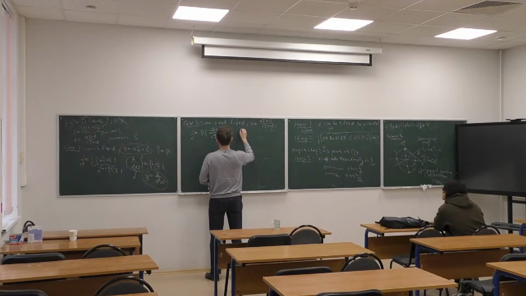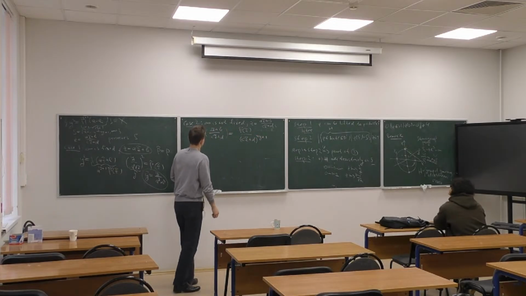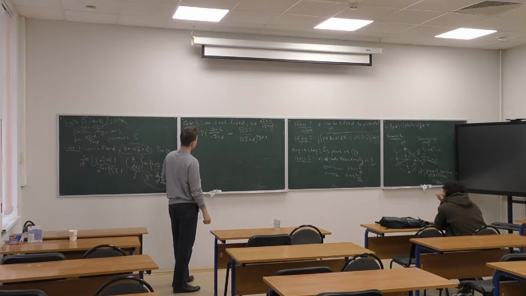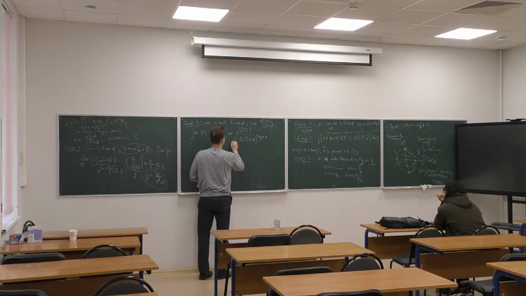This is equal to p tilde of z tilde over (c z tilde plus d) to the power 2g plus 1, where this is a polynomial.